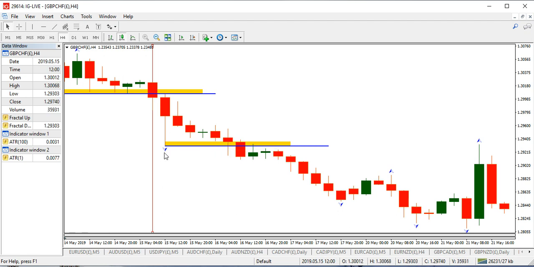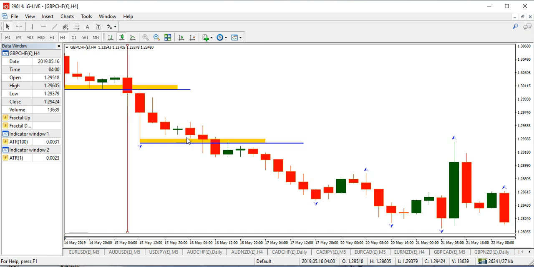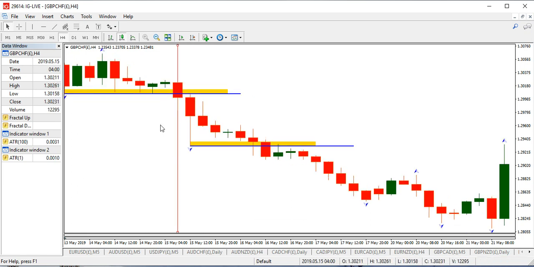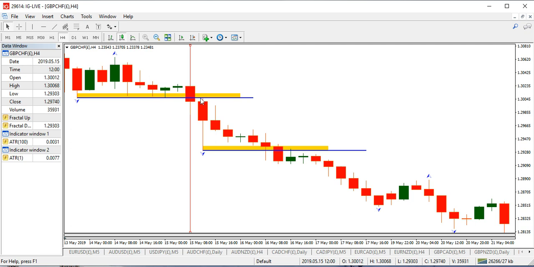This is the retest zone. It's not the actual zone. The actual zone is probably the ceiling is there and the floor is here.